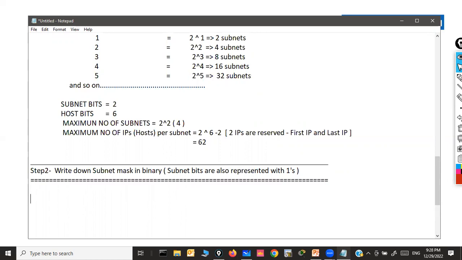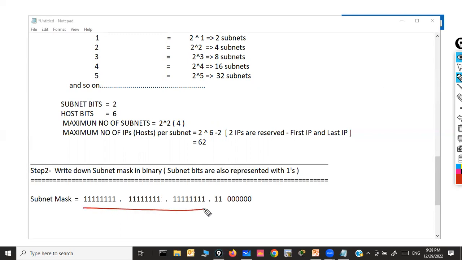Now I'm not going to use the default subnet mask. The subnet mask will be 8 ones, then another 8 ones, then another 8 ones, and now 1, 1, 0, 0, 0, 0, 0, 0. That's the way the subnet mask is written now.